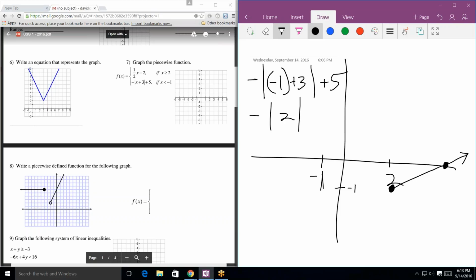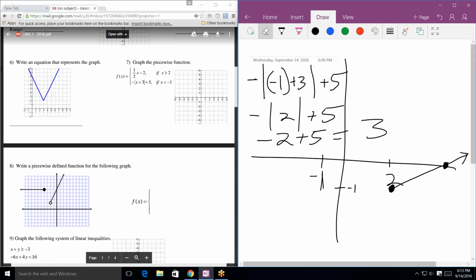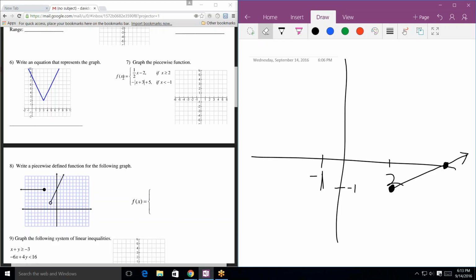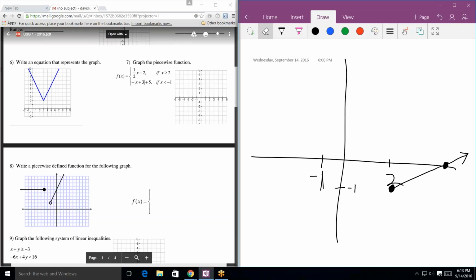So 2 is inside the absolute value, plus 5, which becomes minus 2 plus 5, which is equal to 3. Okay? So the first point that I want to start with is minus 1 comma 3. In other words, when x is minus 1, f of x is 3.